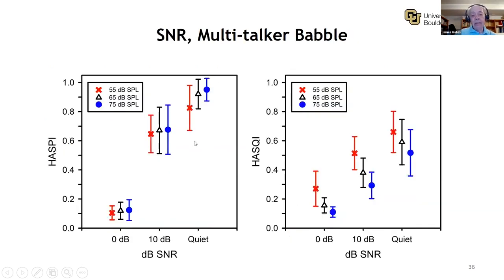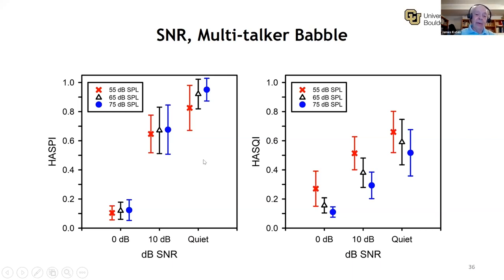Here we can look at, for example, signal to noise ratio. And as we increase the signal level, we can see that for speech and noise, increasing the signal level of the noisy speech gives very little benefit, because no matter how much you amplify the speech, you're amplifying the noise along with it, and the signal to noise ratio is unfavorable. So you can't extract the speech from the noise.